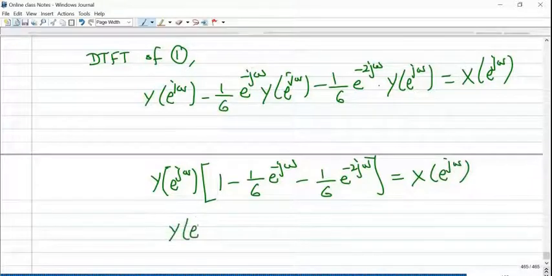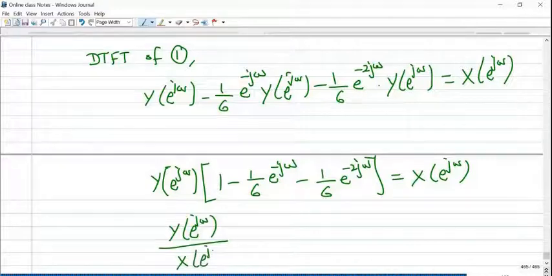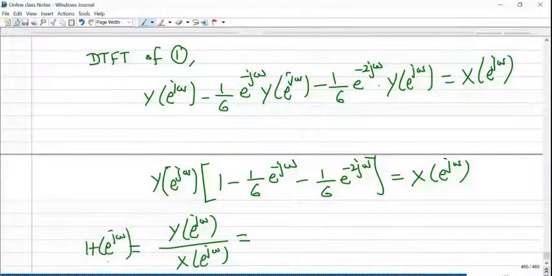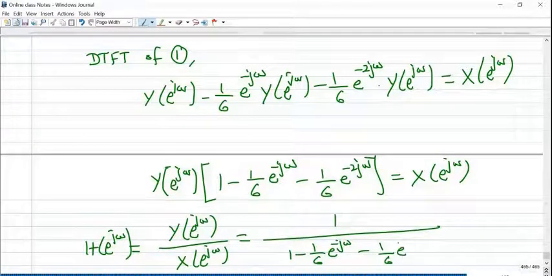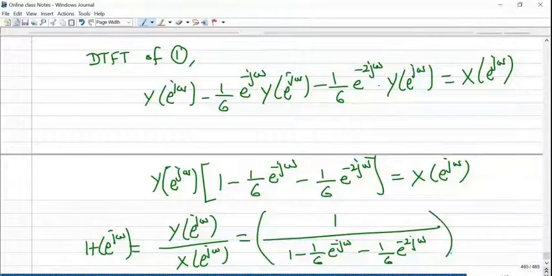So Y of e power j omega divided by X of e power j omega is your transfer function or frequency response. The result is 1 divided by 1 minus 1 by 6 e power minus j omega minus 1 by 6 e power minus 2 j omega. So this is the answer for the first question.